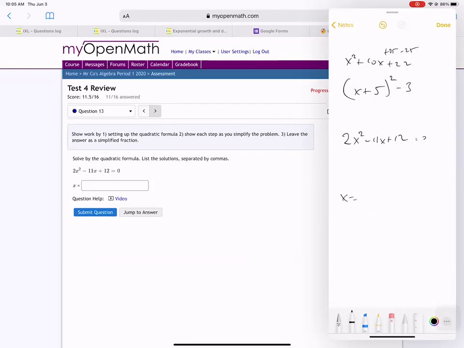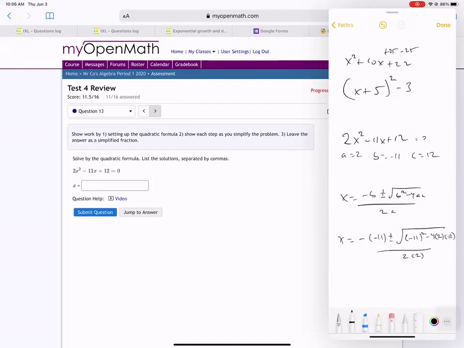So x equals negative b plus and minus the square root of b squared minus 4ac, all over 2a. All right, so a is 2, b is negative 11, and c is 12. x equals negative b, which is negative 11, plus or minus the square root of negative 11 squared minus 4ac, a and c, all over 2a.